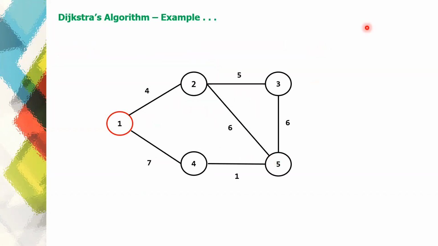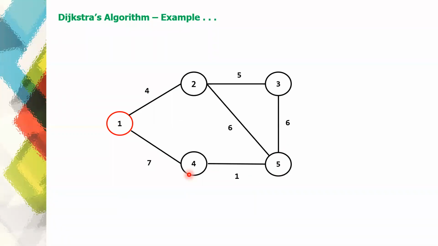So I'll start working out. This is your step 1. Vertex 1 is considered as the source vertex. Now try to determine the distances for all the remaining nodes.